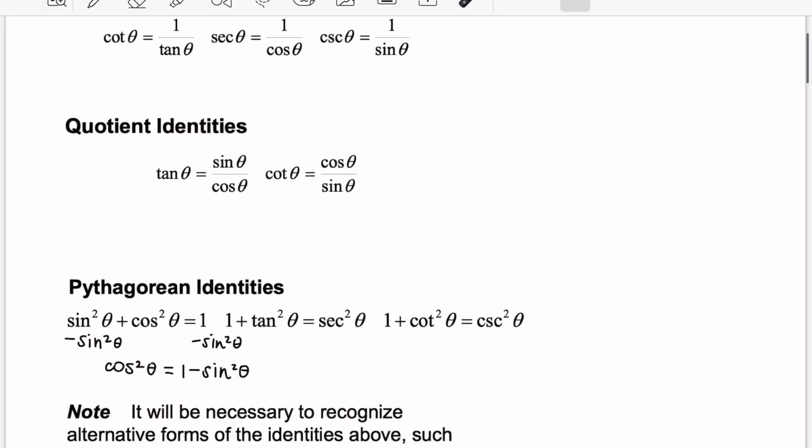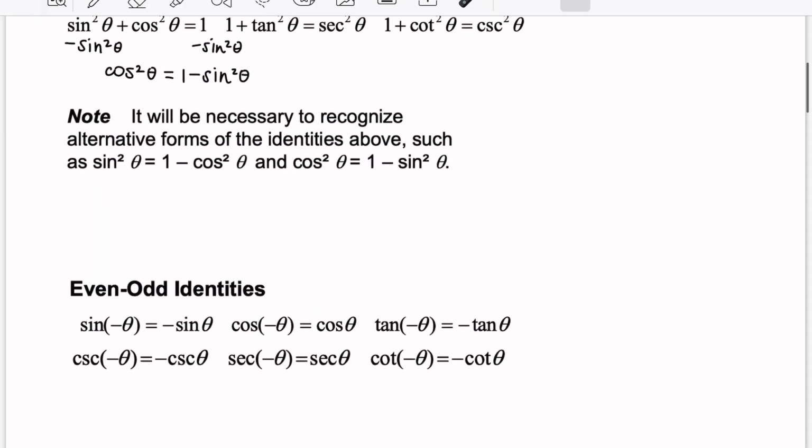Now, something new in terms of trig functions are even and odd identities here. So we should be familiar with what an even and odd function is. An even function has this property here. This means that the value of our function f at a negative input is going to be the same as the value of the function at a positive input.